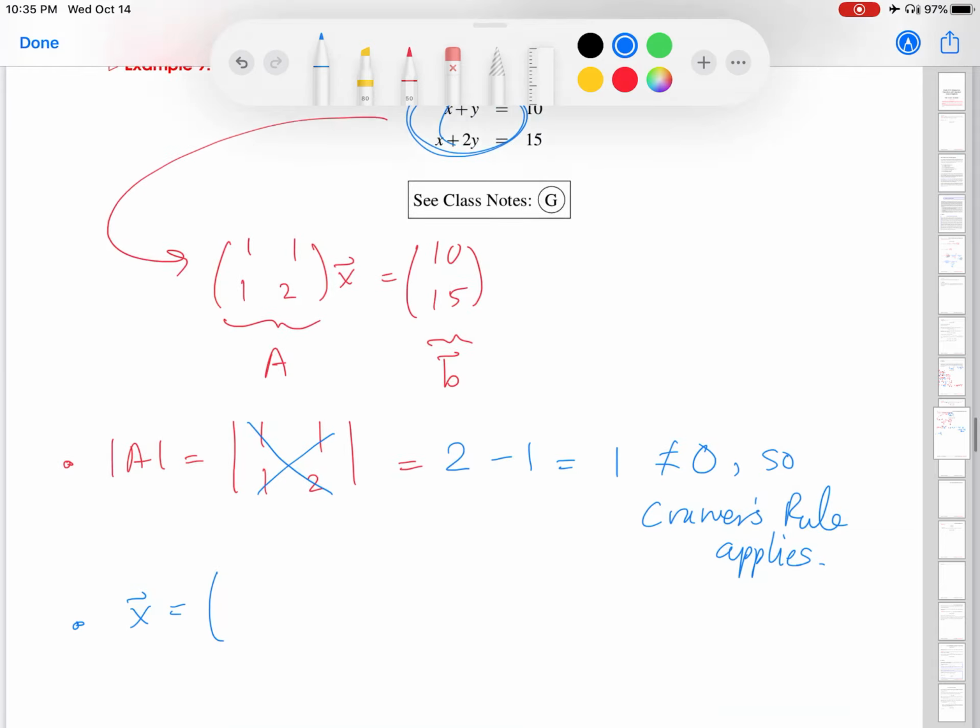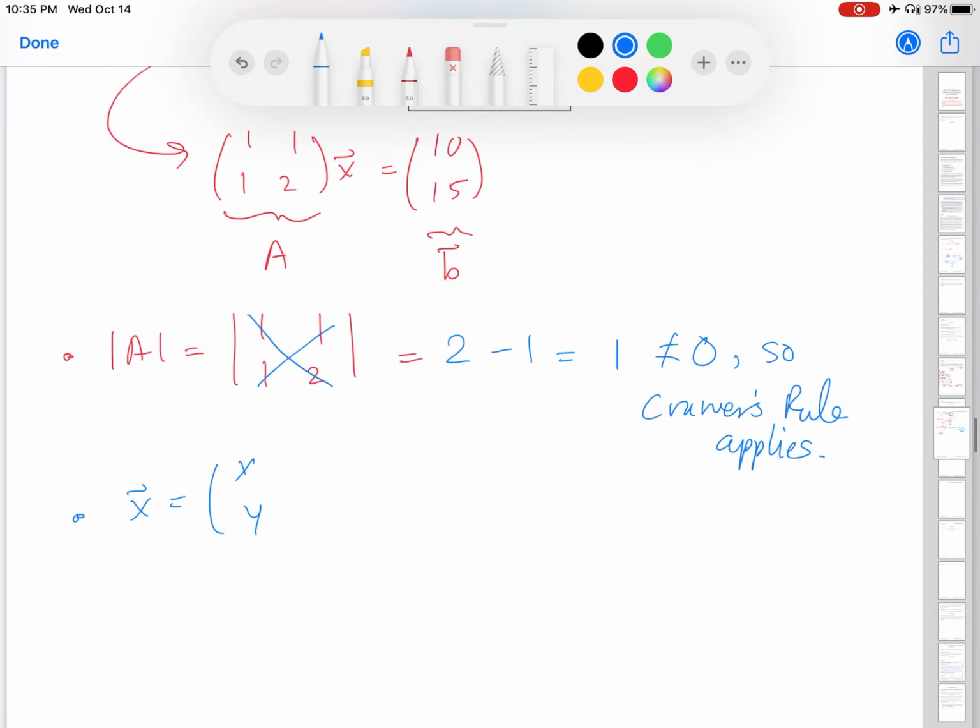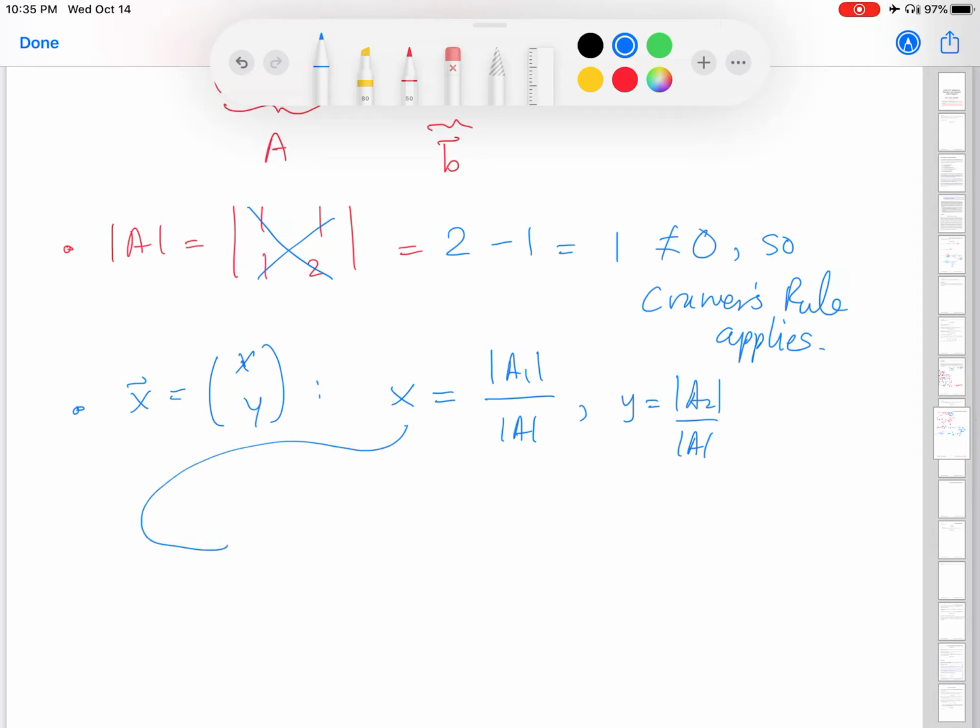So the 2 components are x and y. So the second part of Cramer's rule says that the first component here, x, is going to be the determinant of A1 over determinant of A. And the second component, y, is going to be the determinant of A2 over determinant of A.